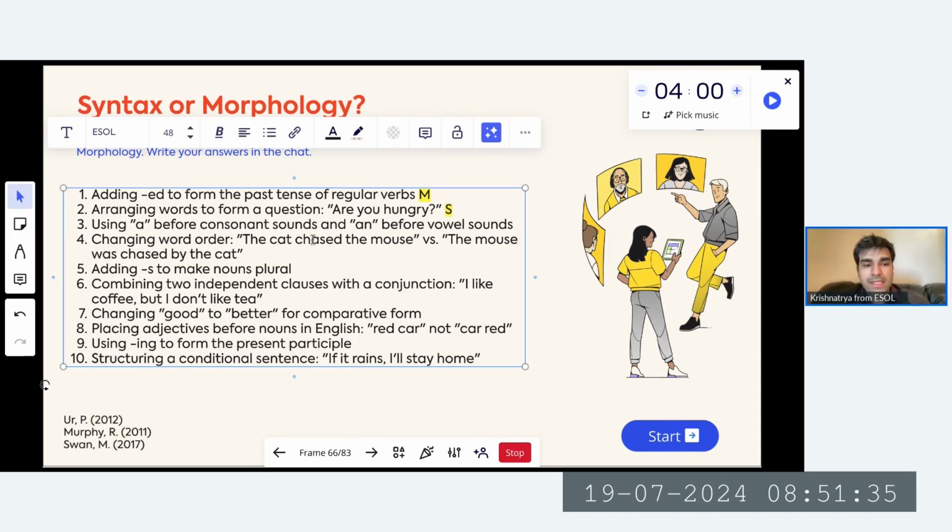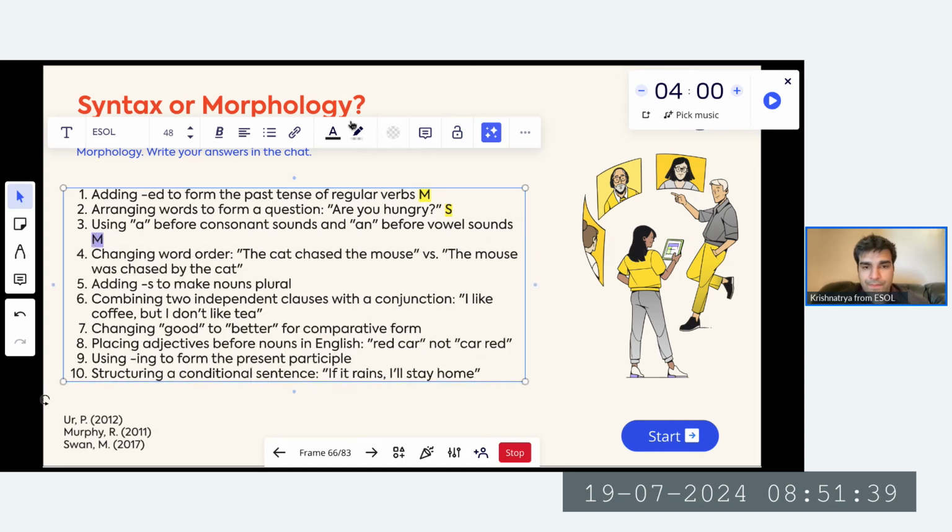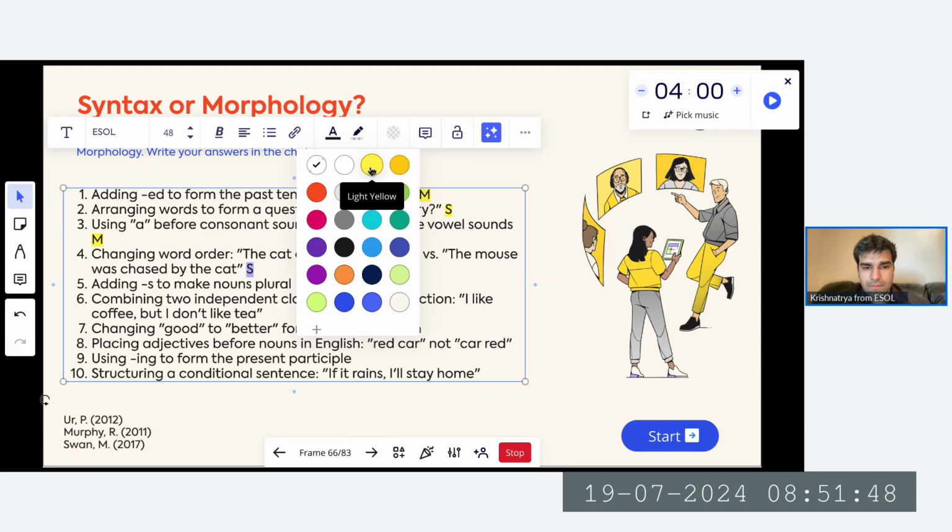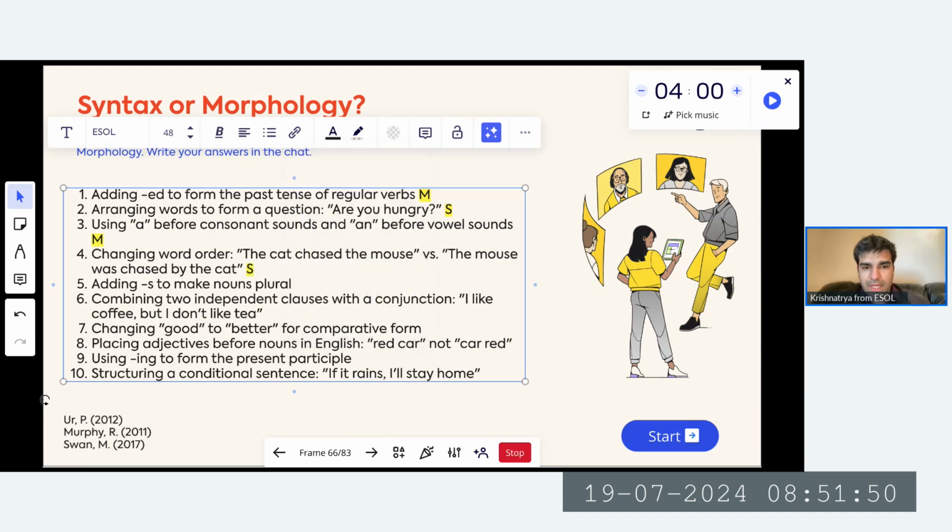Number 3 is morphology. Number 4 is syntax. Number 5 is morphology again. Number 6 is syntax, because it is related to sentences.